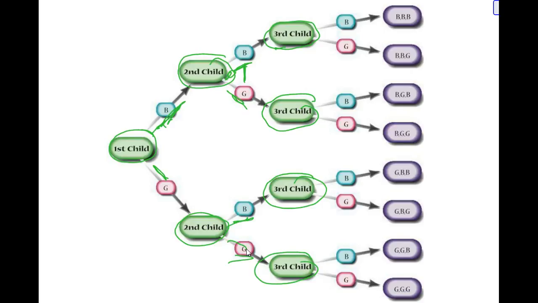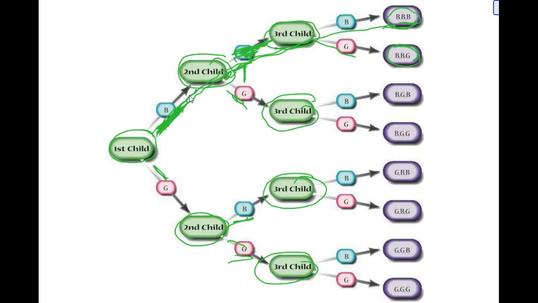So to get a sample space when we're looking at 3 children, we first start out with all the possibilities of having a boy first, and we follow our tree out. We have a boy, boy, and then a boy. That's how we get boy, boy, boy. Then I can have a boy, boy, and a girl. And I get this possibility. Or I've exhausted the possibility of getting a boy second.